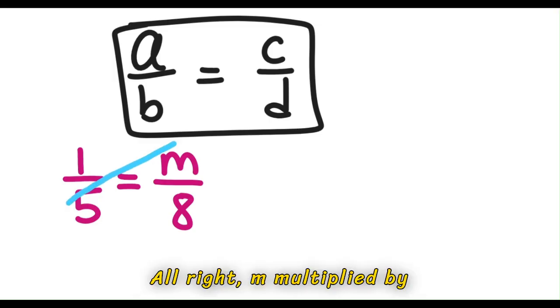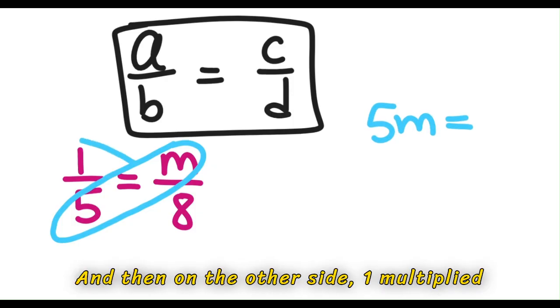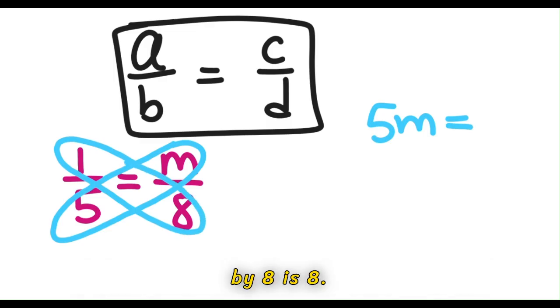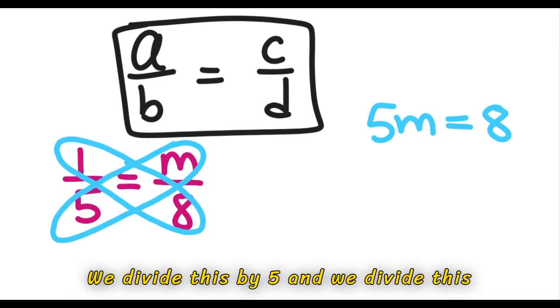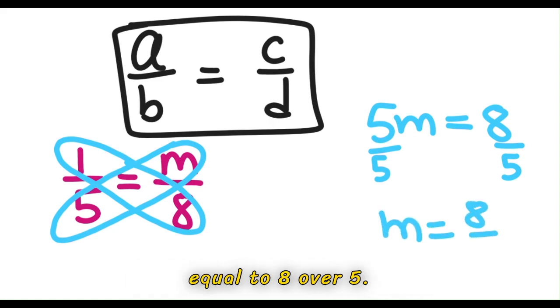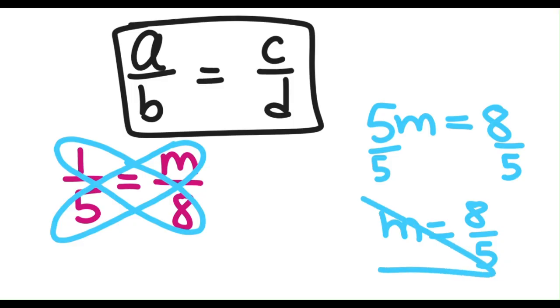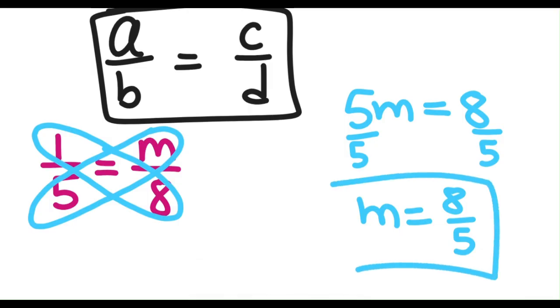M multiplied by 5 is 5M, and then on the other side 1 multiplied by 8 is 8. Doesn't this look like equations that we solved a couple of minutes ago? We divide this by 5 and we divide this by 5, so the final answer is equal to 8 over 5. So 8 over 5 is our answer.